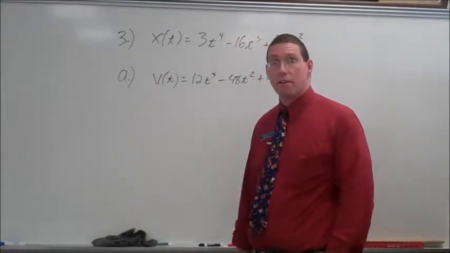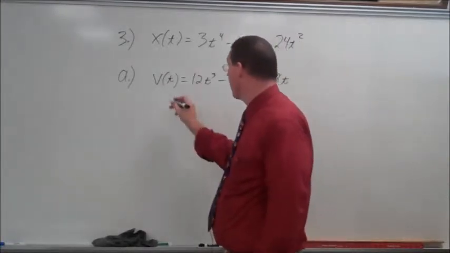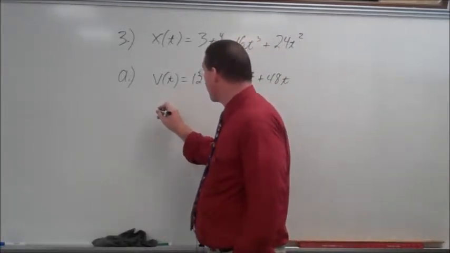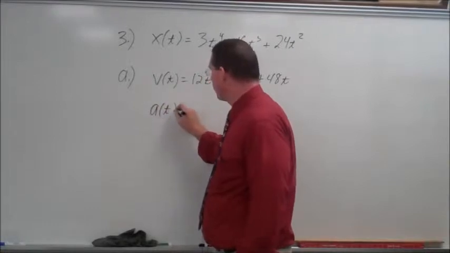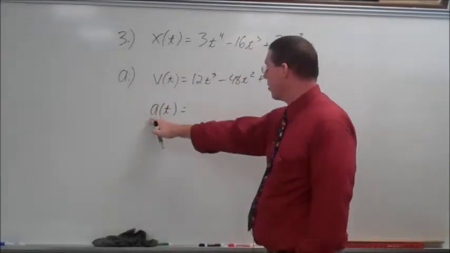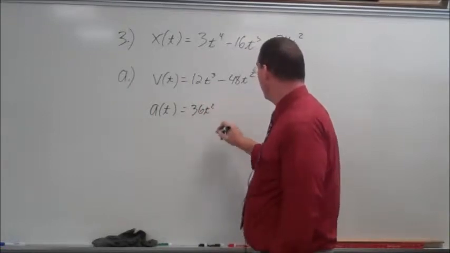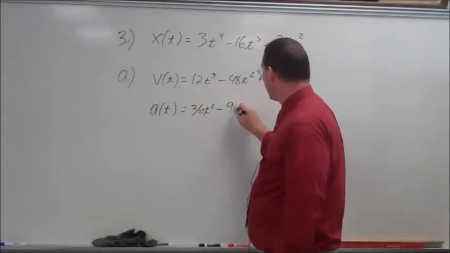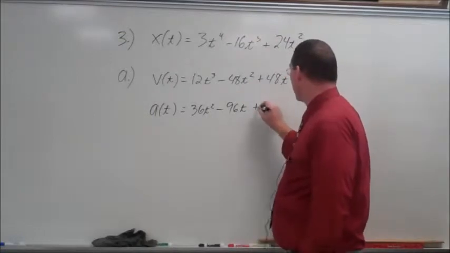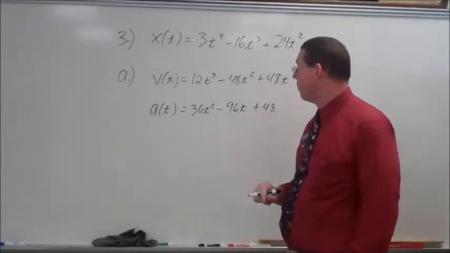There's the velocity function. Halfway done with part A. Then the acceleration function is just the derivative of velocity. So acceleration with respect to time is 36t squared minus 96t plus 48.